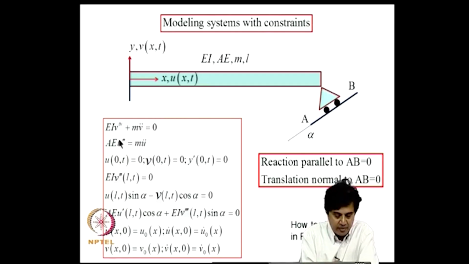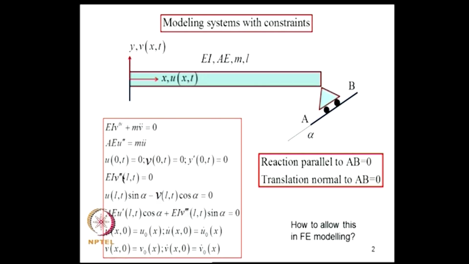We can write the equilibrium equation for the dependent variable v, which is the transverse displacement, using Euler-Bernoulli beam theory, which reads as this. And similarly, for the axial vibration we will be able to write the second order equation for the axial displacement u.